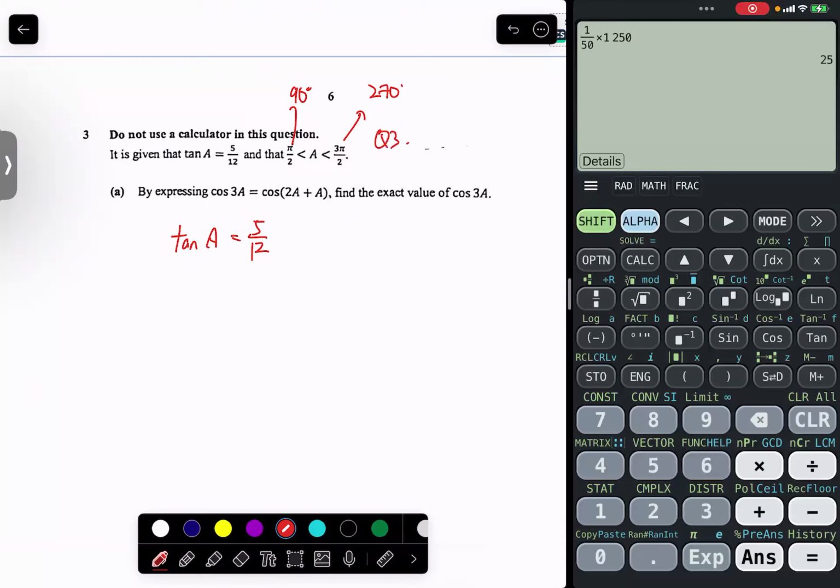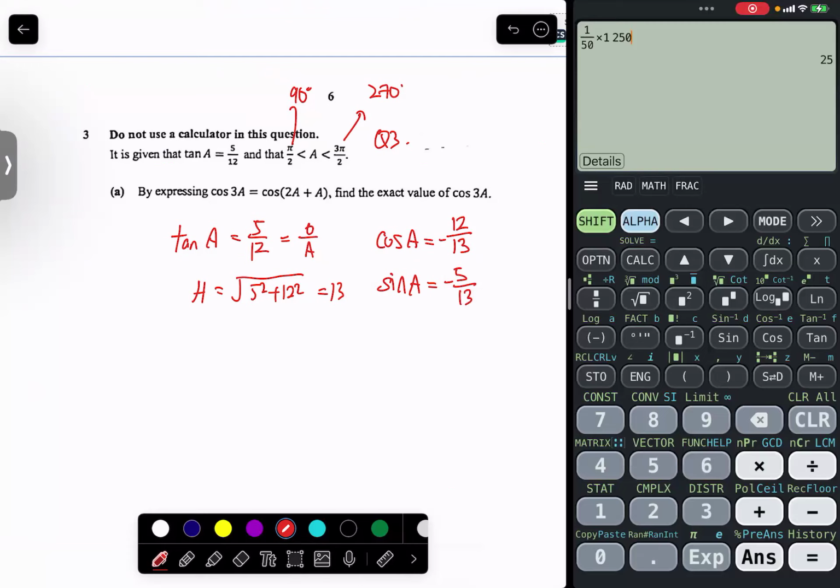Okay, so tangent is a representation of opposite over adjacent. So the hypotenuse equals square root of 5 squared plus 12 squared. That's 13. Okay, so cos A is going to be equal to 12 over 13, negative. Sin A is going to be negative 5 over 13.